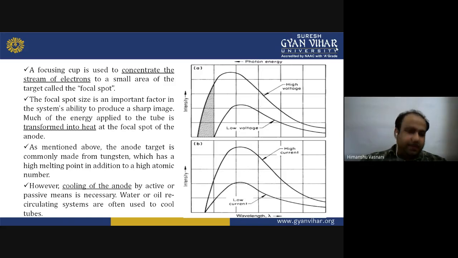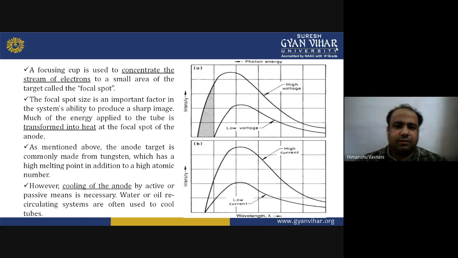However, cooling of the anode by active or passive means is necessary. So, either water or oil recirculating systems are often used to cool the tubes.